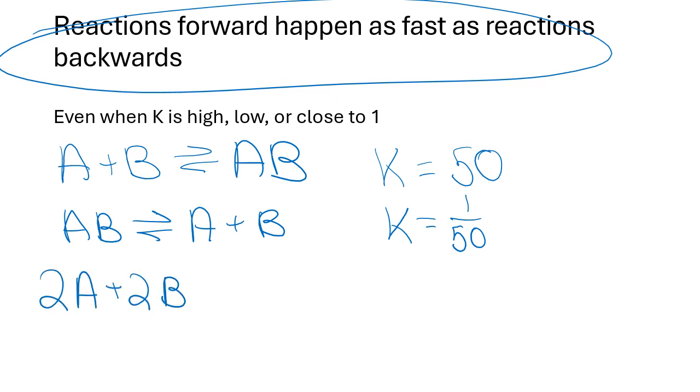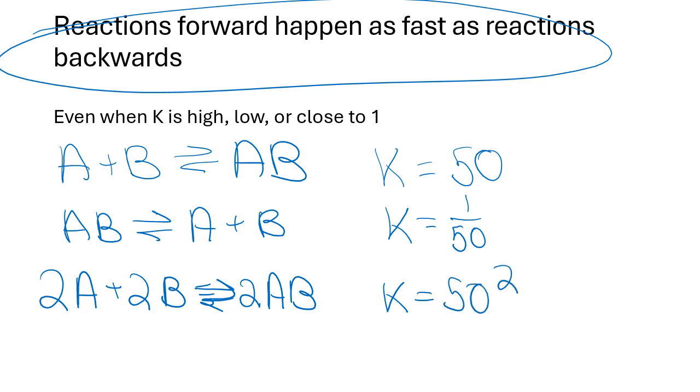So okay, let's say we doubled everything, K is going to be 50 squared. Now let's reverse it and triple it.